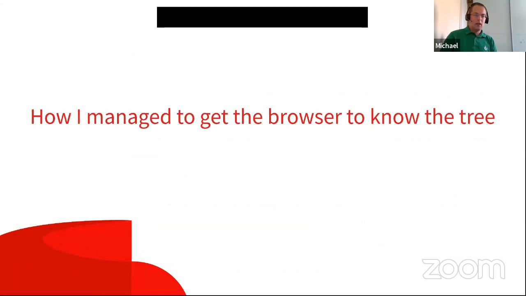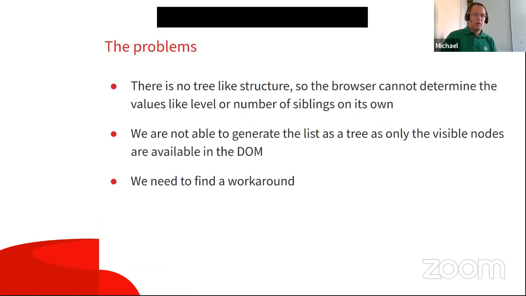So how did I manage to get the browser to know the tree? First of all, we have the problems. There is no tree-like structure, so the browser cannot determine values like level or number of siblings on its own. We are not able to generate the list as a tree.